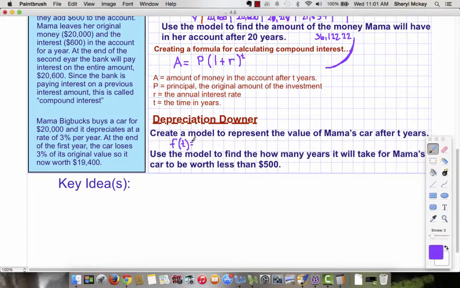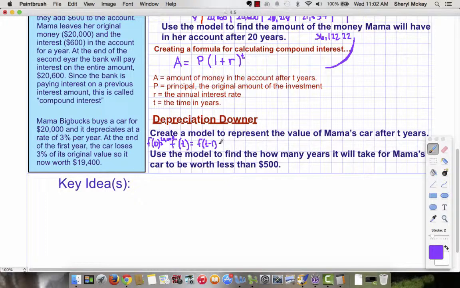We should probably first tell ourselves that f of 0 is the first year, and that's equal to 20,000. So f of 0 is 20,000, and f of t is going to be the previous year, so f of t minus 1, okay?